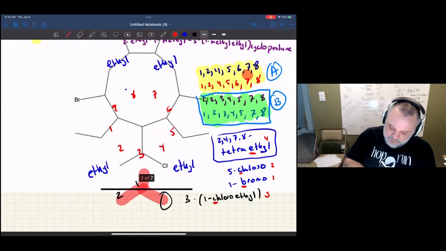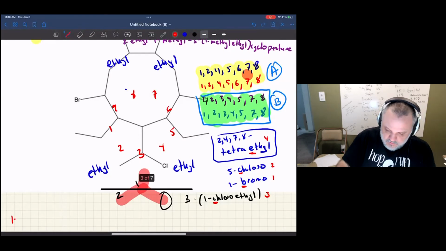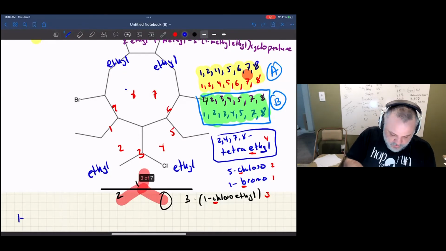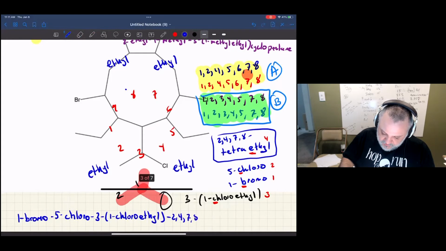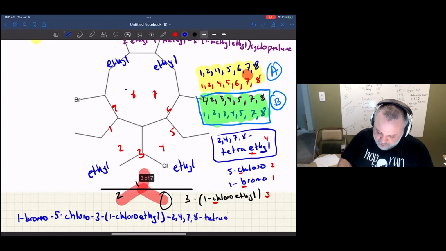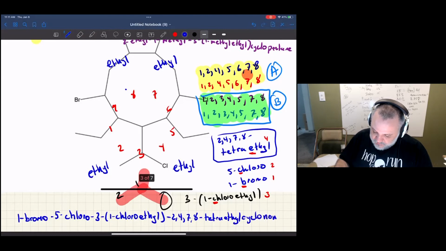So I have, putting it all together, 1-bromo, 5-chloro, 3-(1-chloroethyl), 2,4,7,8-tetraethyl, and it's a cyclononane.